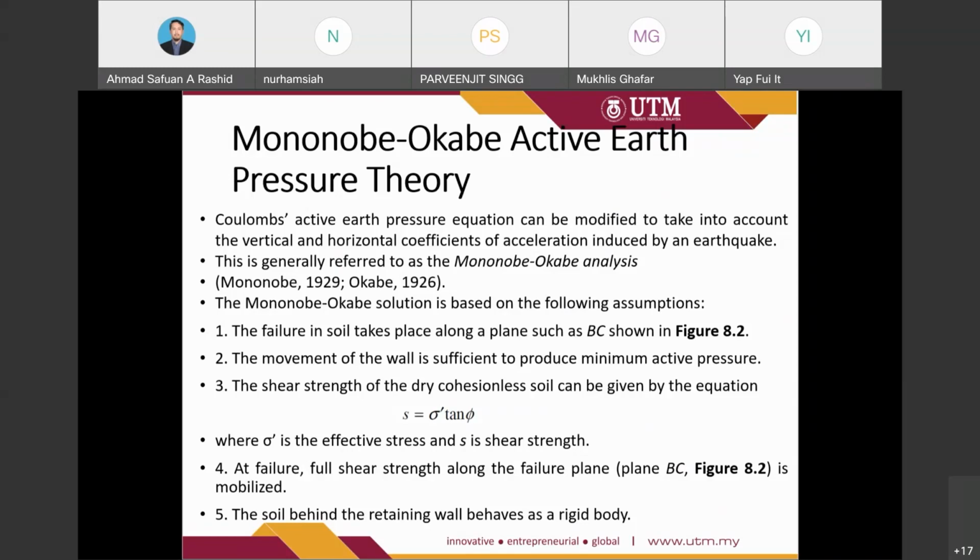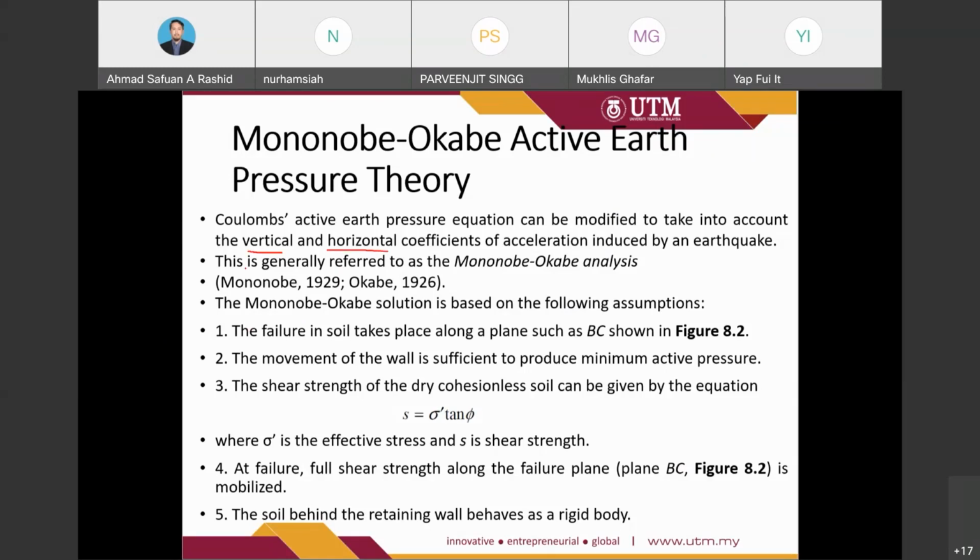The Coulomb active earth pressure equation can be modified to take into account the vertical and horizontal coefficients of acceleration induced by the earthquake. So here we have the kv and kh due to the earthquake.